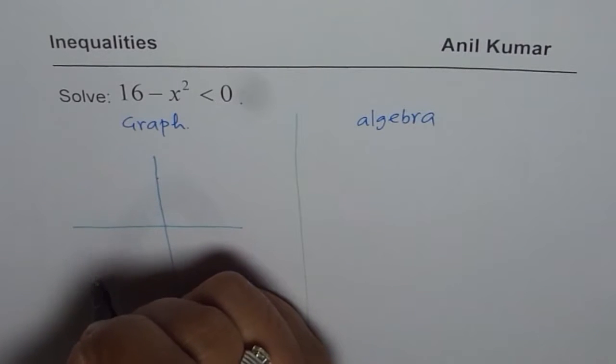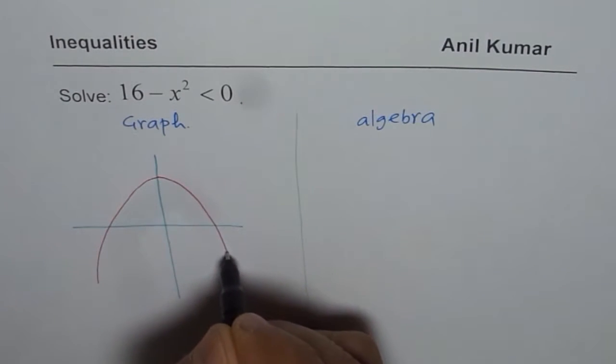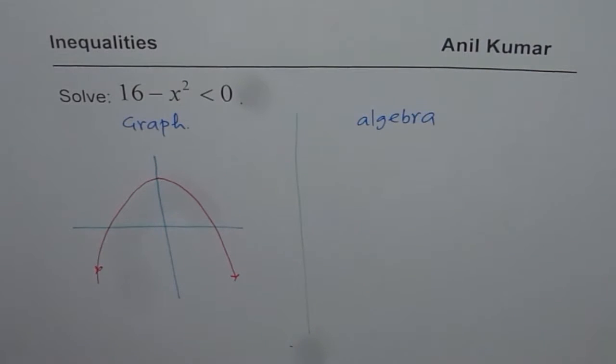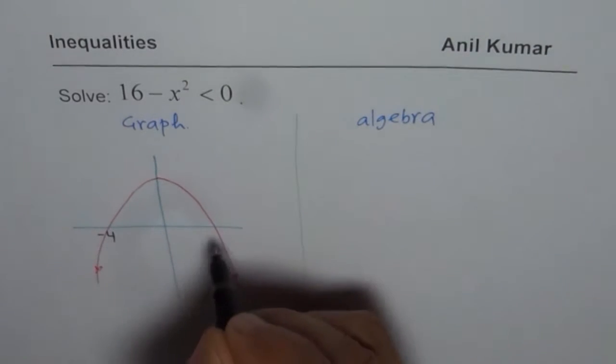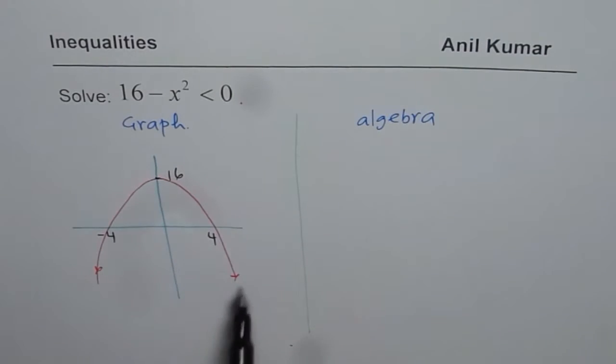So we get a graph which is a parabola with y-intercept 16 and x-intercepts at plus and minus 4. I'm not getting into details of sketching. You all know it.